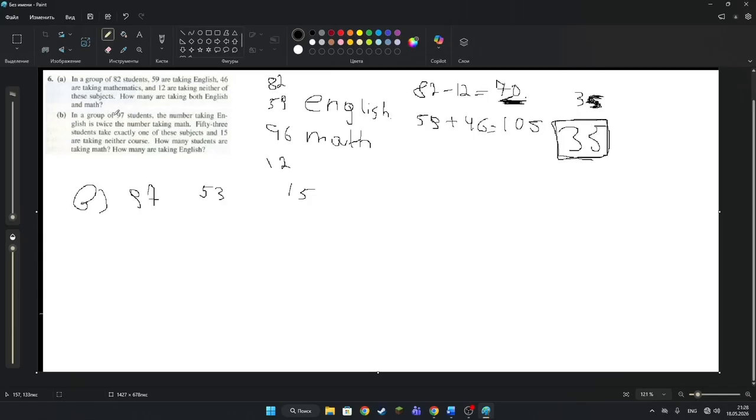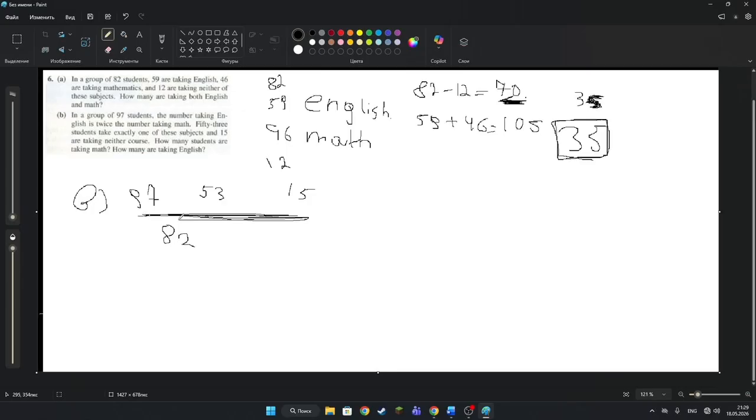First of all, let's reject the students that are not learning at all. 97 minus 15 is going to be 82.